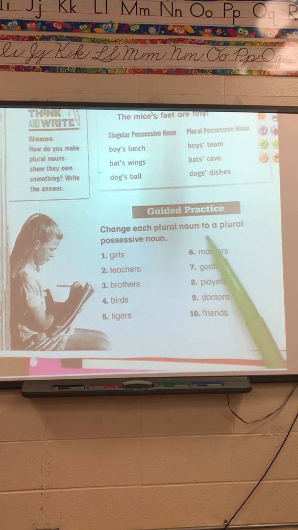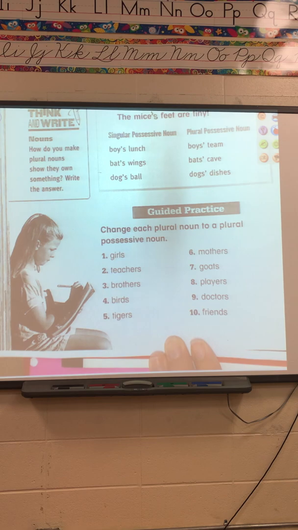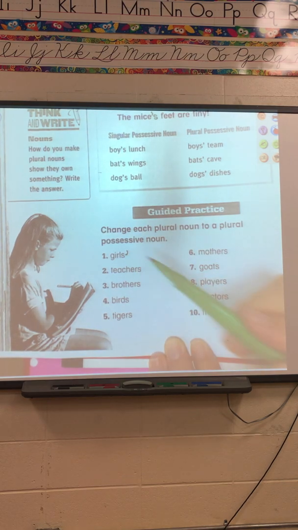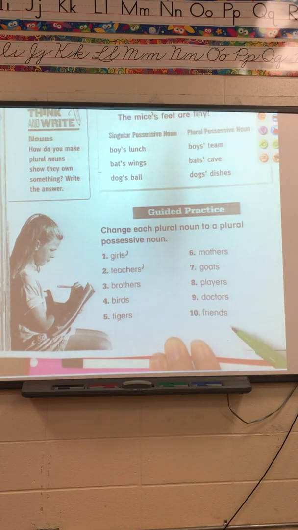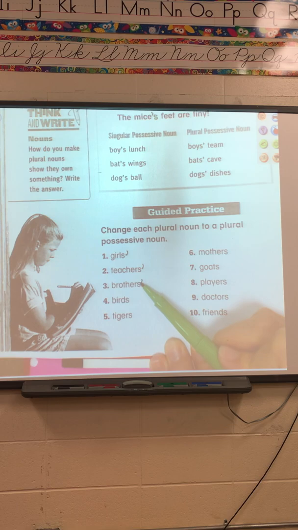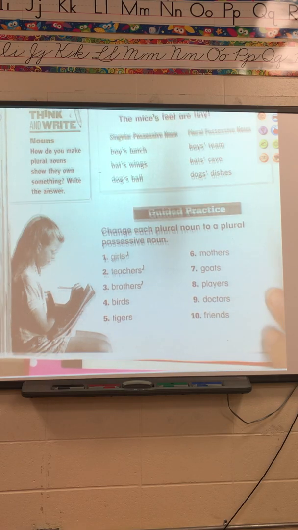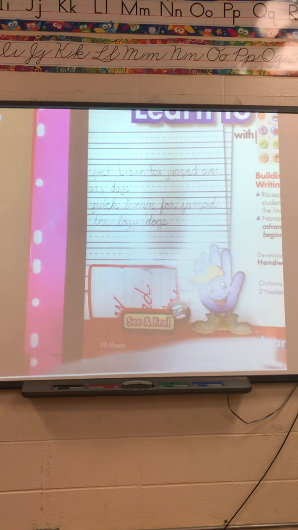Change each plural noun to a plural possessive noun. So if it ends in S, all it says for us to do is put an apostrophe after the S. All of these end in S, so you're just going to put an apostrophe after the S. Go ahead and complete that and go to the next page.